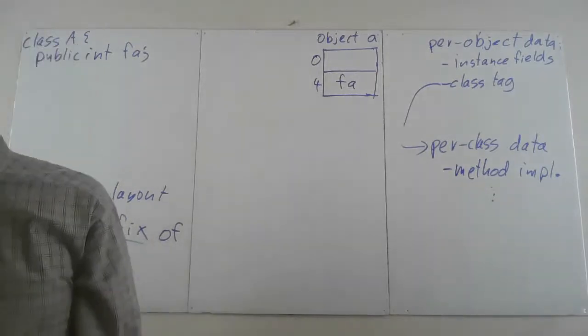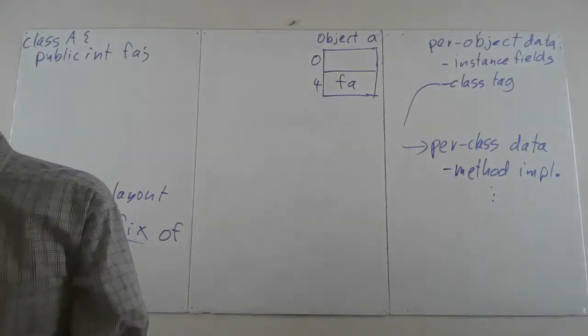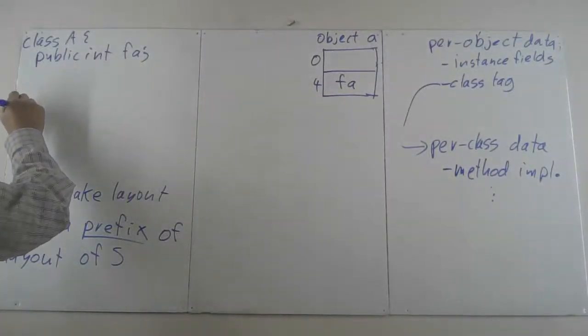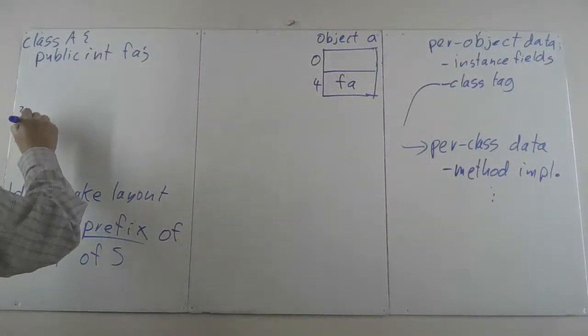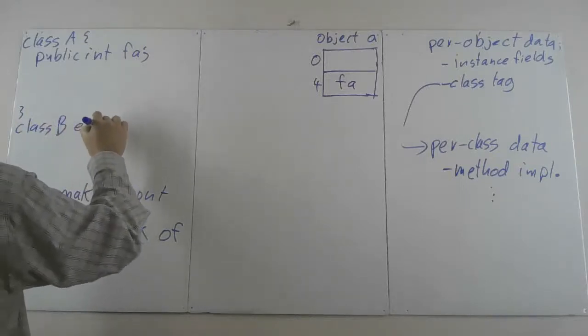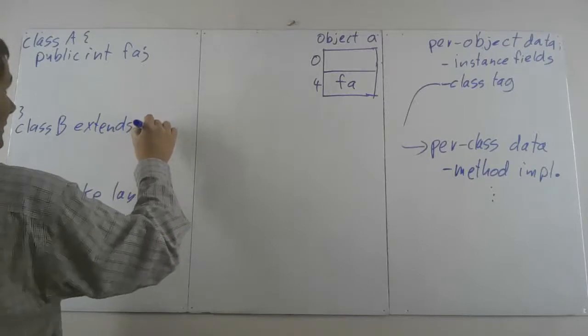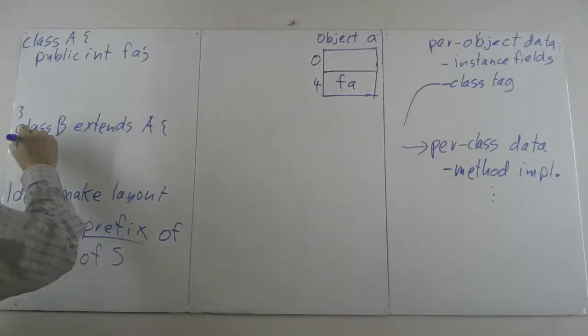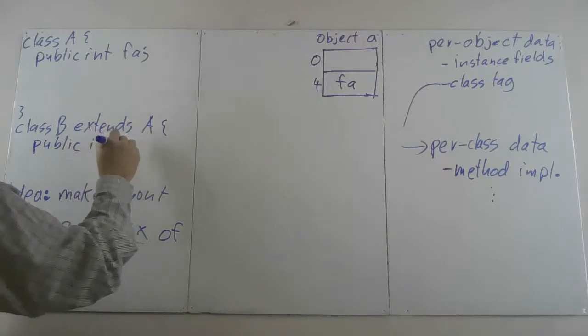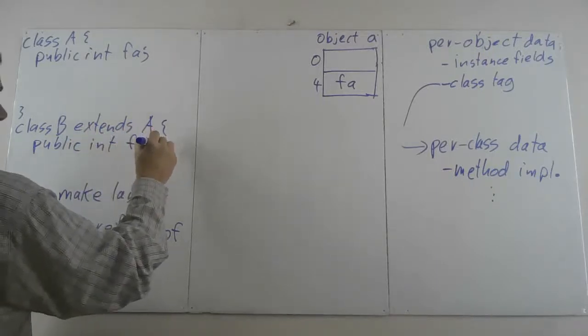Then, let's say we finish class A, and I'll have a class B that extends A, with a field FB in there.